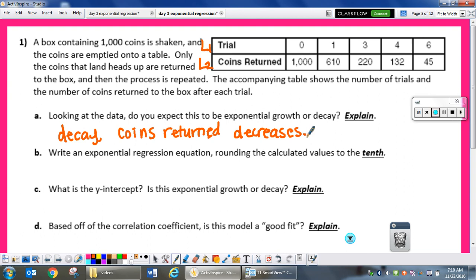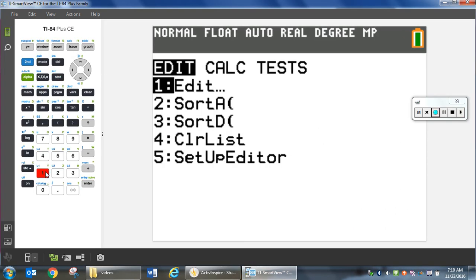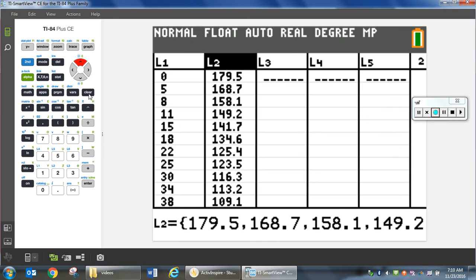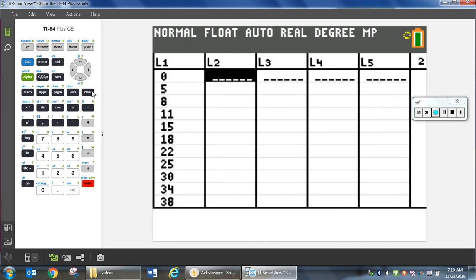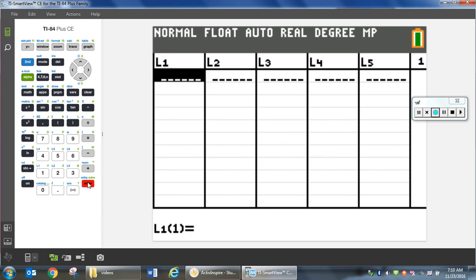Okay, so in order to get our equation, we have to enter our data. So I'll just put a little reminder that this is the stat edit. And it says to the nearest tenth, which is 1 decimal. So stat edit. So you'll have to clear L2 and L1. So L2, go up to it, clear, enter. L1, clear, enter, and then enter your new data.